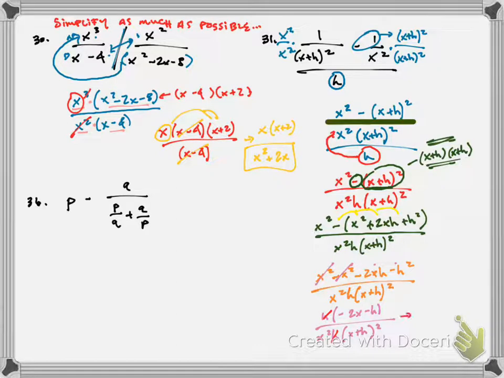And this leaves us finally with an expression of negative 2x, that should say minus h over x squared times the quantity x plus h quantity squared. Okay, there's no more cleaning that we can do there.